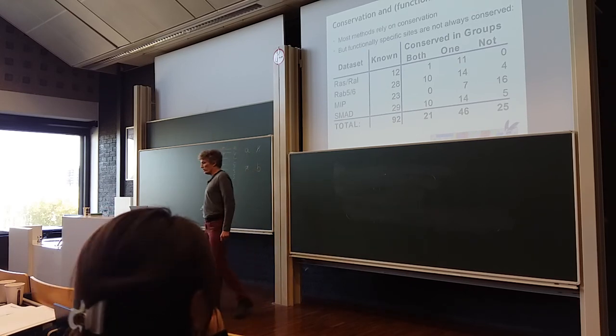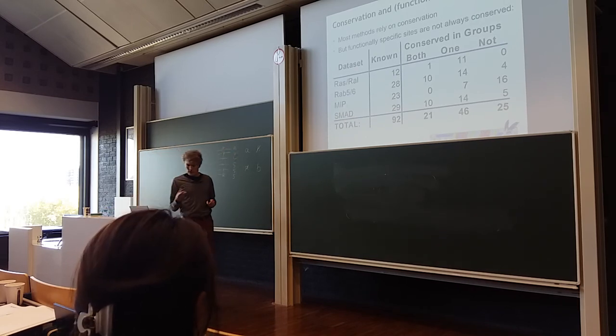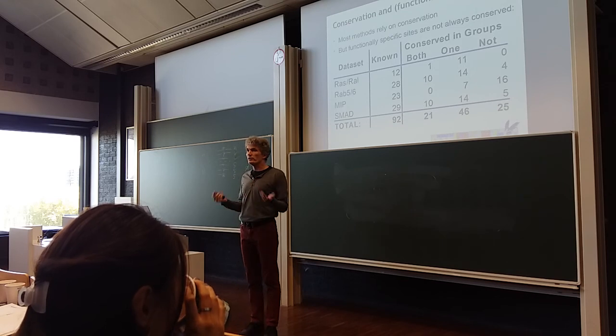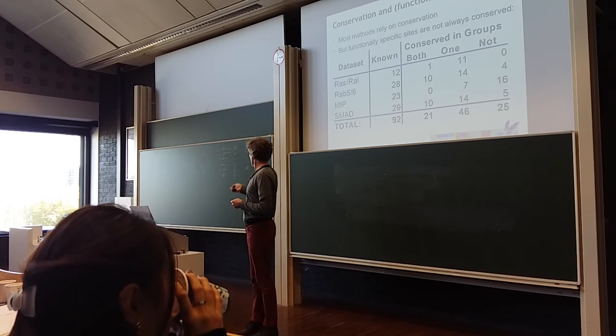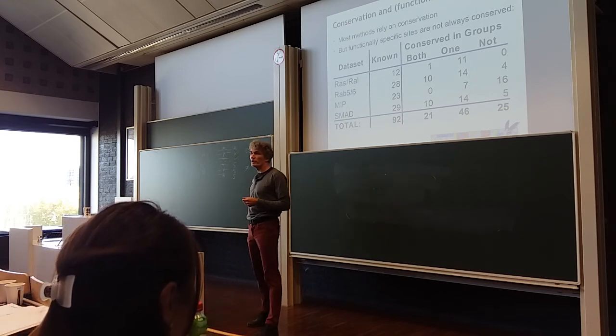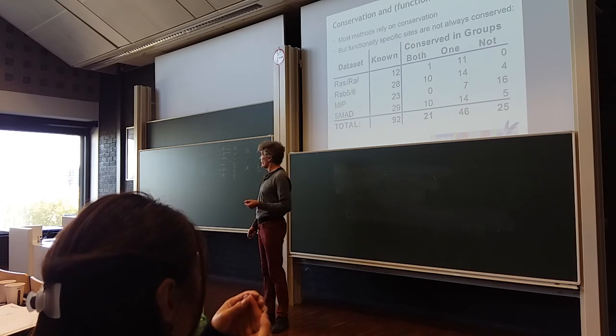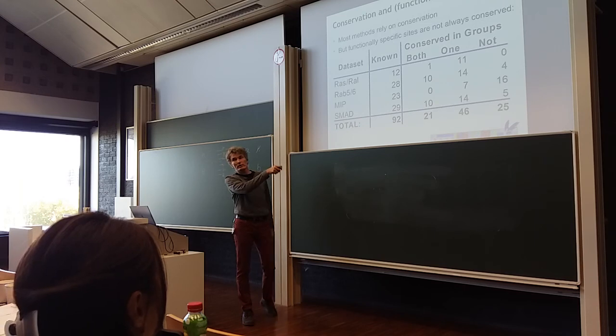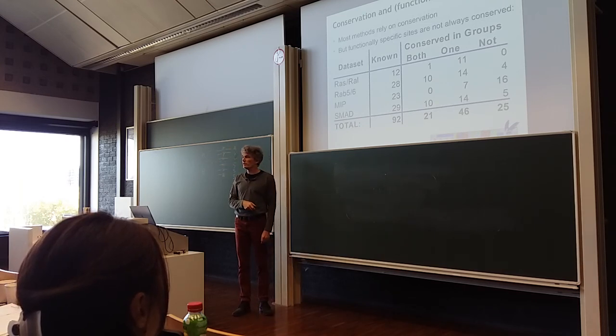Yes. So the reason why we looked into this is because the five or so existing methods that we looked at all require quite strict conservation on both sides, and that means you're only finding this quarter of the sites that you're interested in.